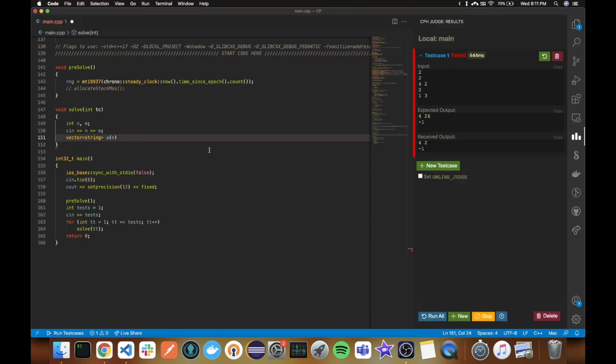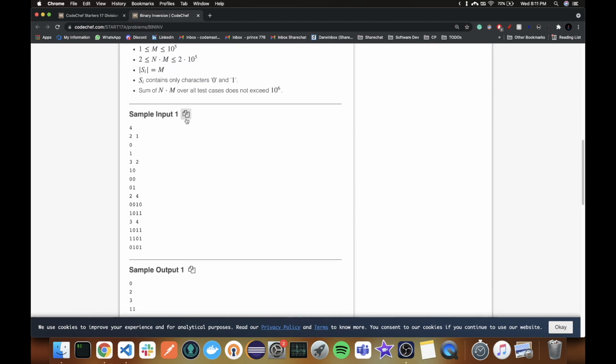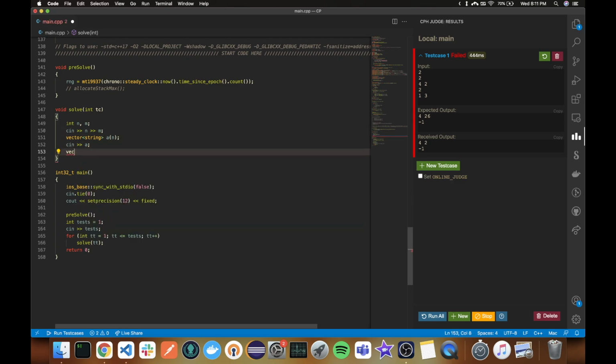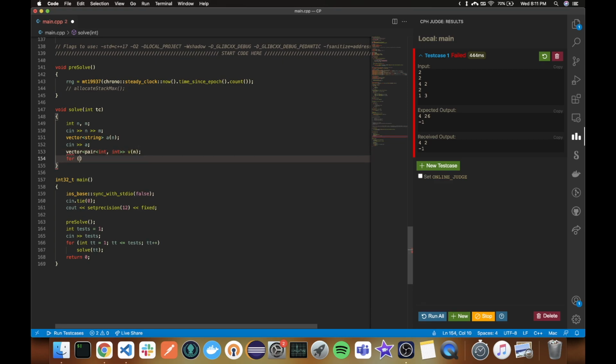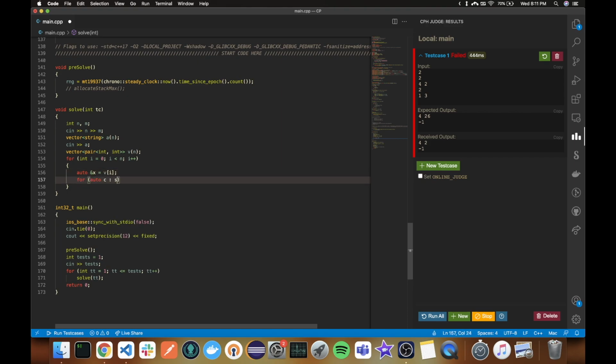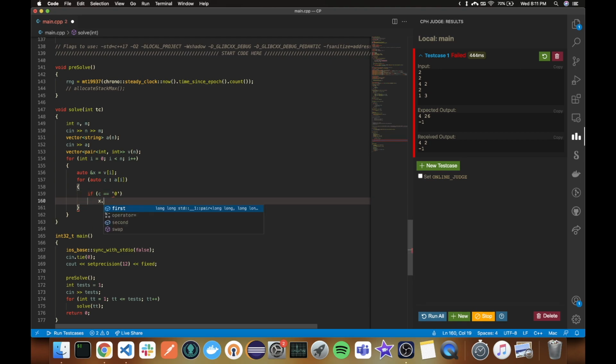I have n strings, each of length m. Okay, let's make a vector of pairs. For each string, for auto c in a i, if the character is 0, then I'm going to increase the first.